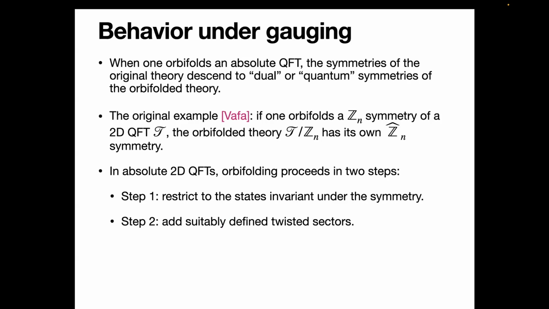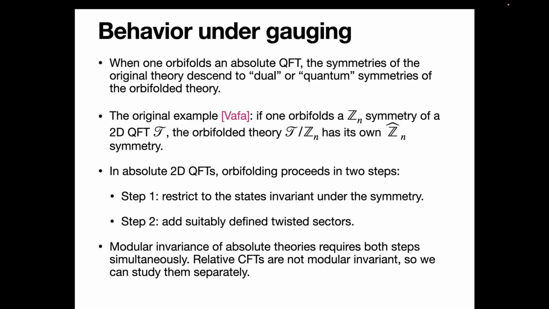And then in the second step, you add in suitably defined twisted sectors. And why do you need to do both steps? The usual answer is that you have to do both steps because of modular invariance. If you did only the first one, then you get a theory that's not modular invariant, and that's bad. But relative CFTs anyways are not modular invariant. The bulk spoils modular invariance.